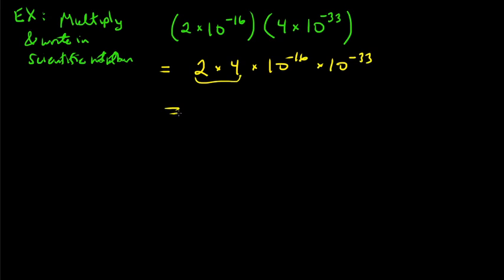All right, so 2 times 4 is just 8, right? And then this is 10 to the, well, negative 16 plus negative 33, is going to be negative 49, I think. So 8 times 10 to the negative 49.